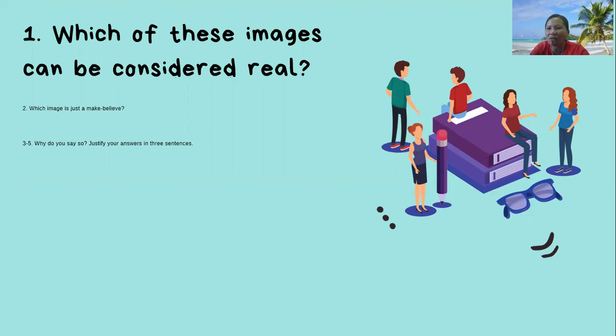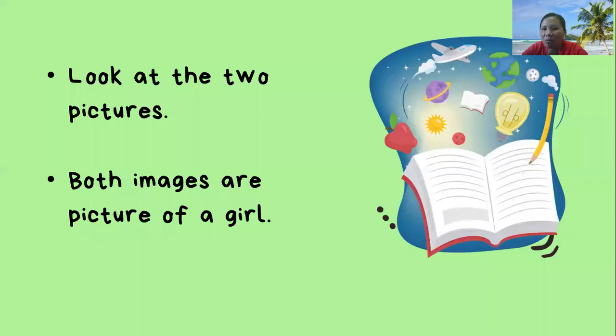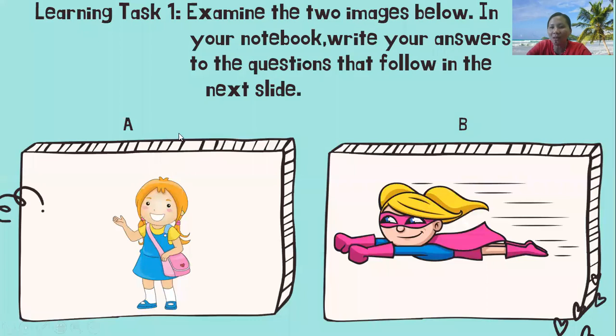So in question number 1, let us check your answer, guys. Which of these images can be considered real? So it is picture A. Which of the pictures is considered as make-believe? Yes, it's picture B. And the last question, why do we say so?